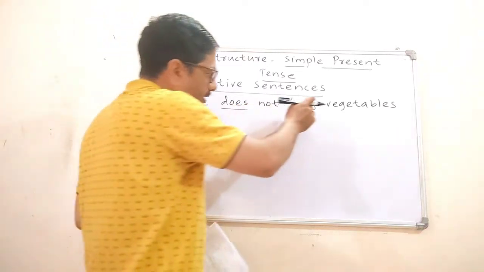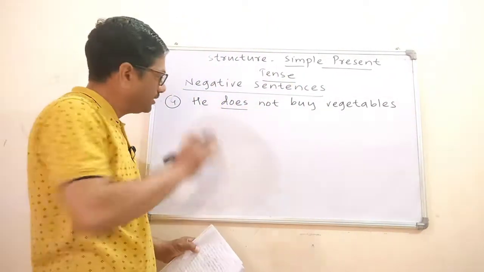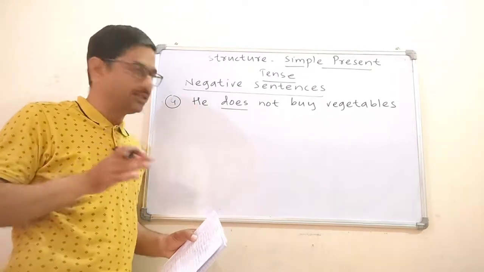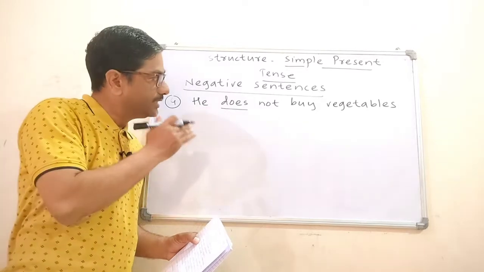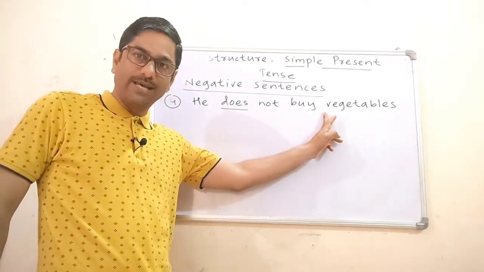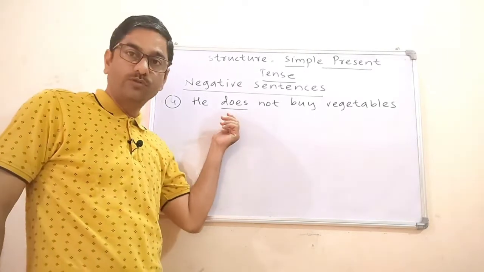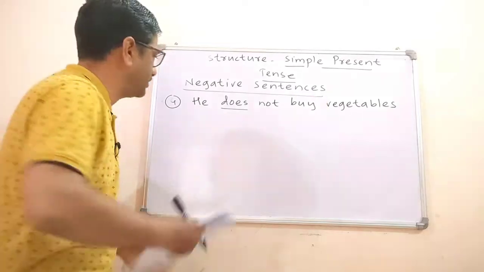That's why we are using the base form of the verb. We are removing es from buys. The original affirmative sentence was: he buys vegetables. The negative sentence becomes: he does not buy vegetables. We are removing es from buys because we are making use of does here.